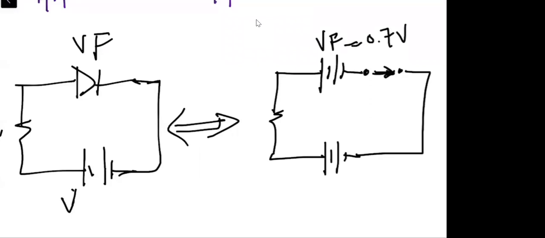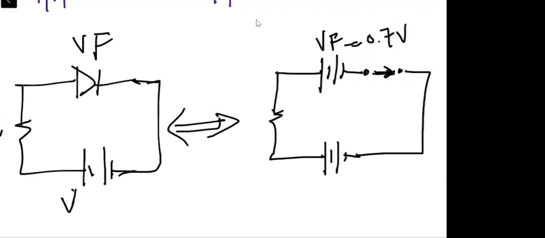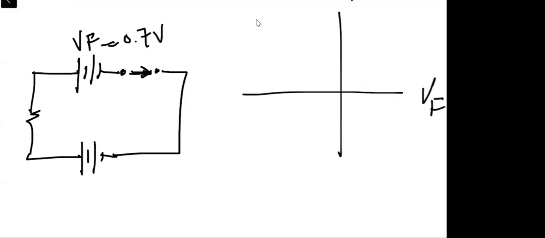So when we draw the VI characteristic curve, it is going to be something like this. We say VF, IF, VR, and IR.